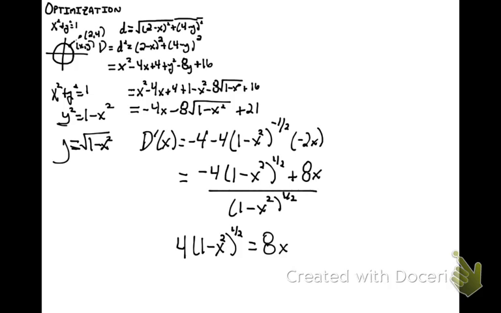Or dividing both sides by 4, when (1 minus x squared) to the 1/2 equals 2x. If you square both sides and simplify, you'll find that x equals a number of things, but one of those things is √5/5. And that would be the only x value that's in the interval 0 to 1.